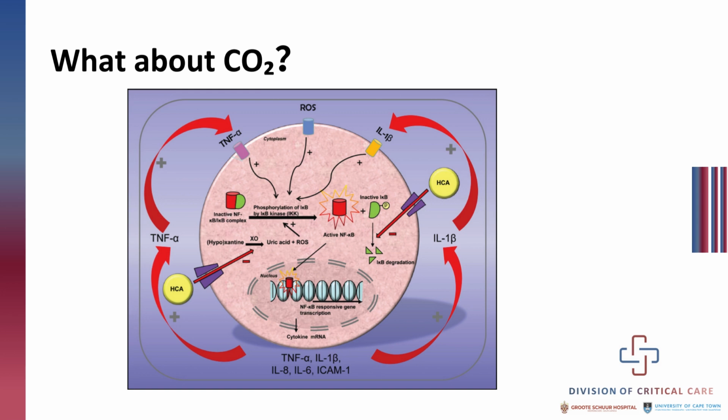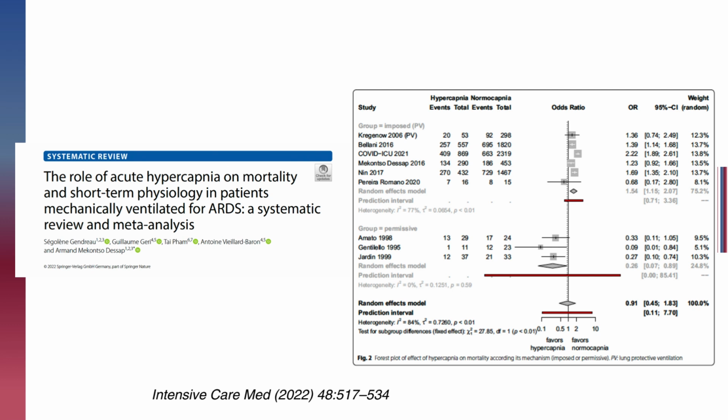target a normal CO2. And we can see that permissive hypercapnia was actually associated with no harm on mortality, and there's some data, particularly when you just allow the CO2 to drift up, that it is associated with mortality benefits.